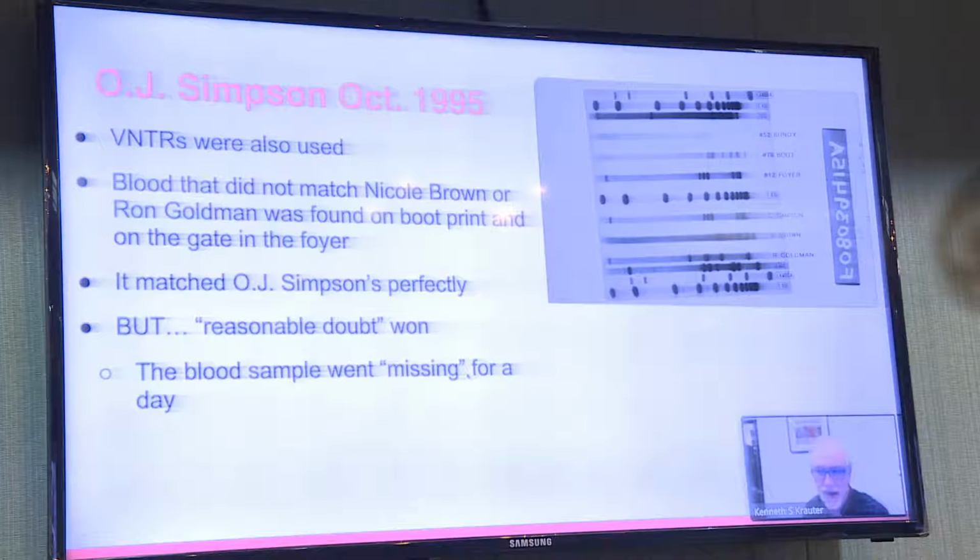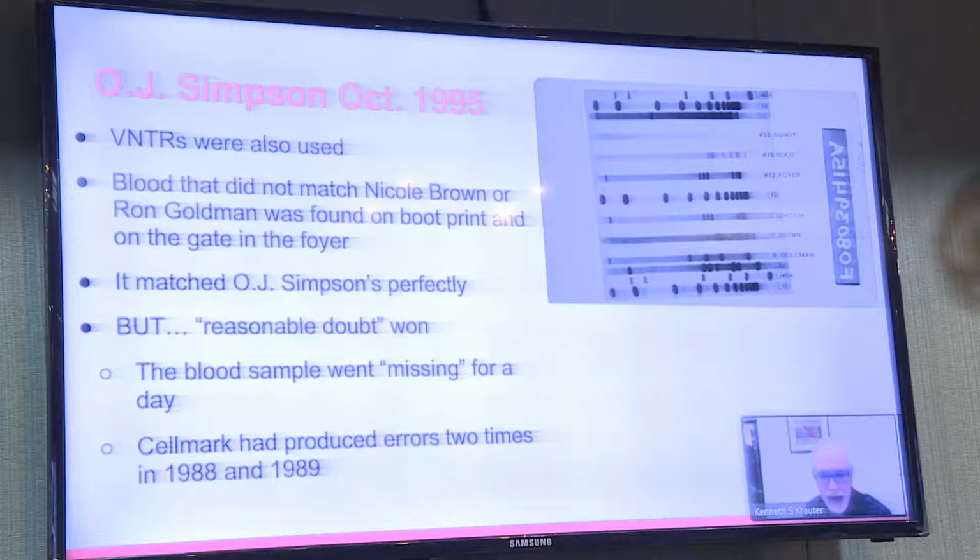It was in the crime scene room, but they couldn't trace it for every second of its existence. So the defense said that somebody was trying to set up OJ Simpson for the murder, that he had nothing to do with it, and that they put his blood into the crime scene blood just to confuse everyone.